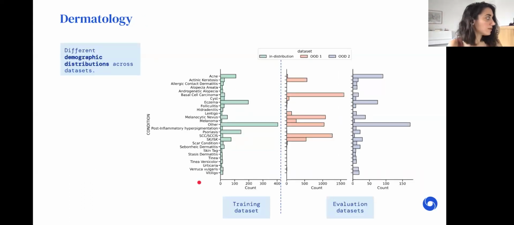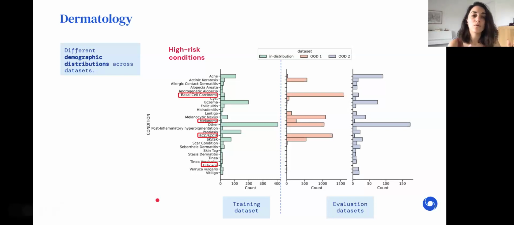Moving on to the dermatology setting, this is actually the most challenging one, because we have both a demographic shift and a label shift. And we focus the analysis mostly on the high-risk conditions. So we train the generative model so that it can generate all the different conditions.